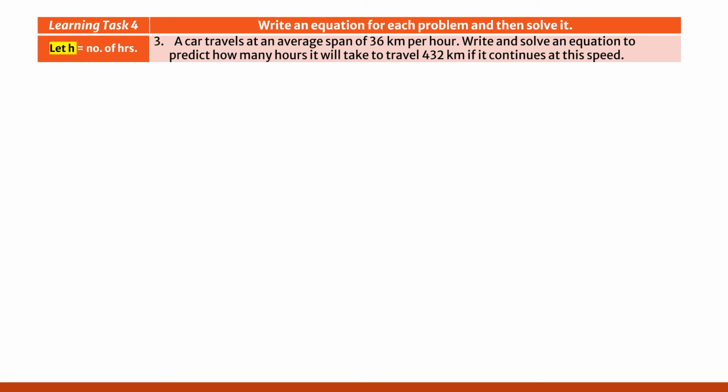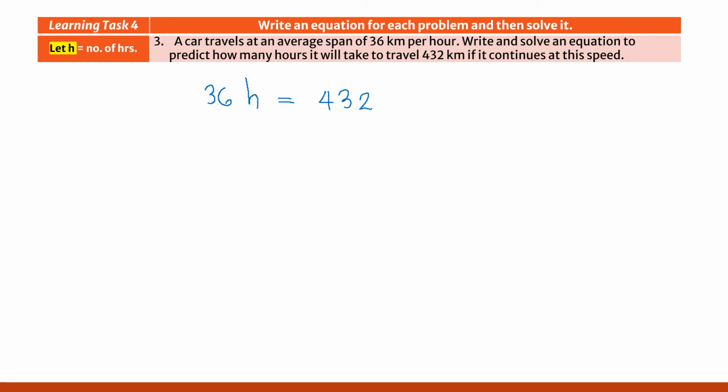So para magkaroon tayo ng equation, it is simply what? 36 kilometers per hour. Okay? Times what? Times h, or the number of hours needed to reach a distance of 432 kilometers. Okay? So this is our equation.